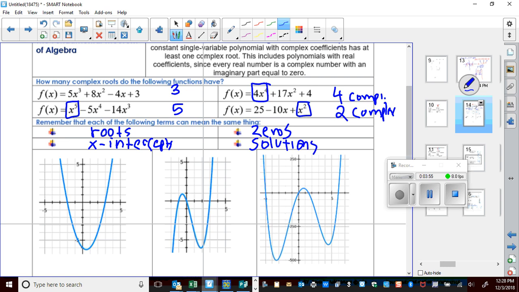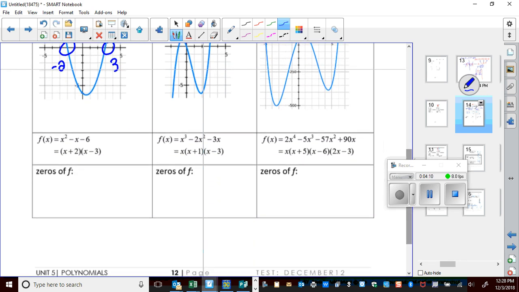So below, we're going to just circle where these objects cross the x-axis. It crosses here at -2, and it crosses right here at 3. So if we're going to write the factored form, it would look something like this: x plus 2 times the quantity of x minus 3. My zeros are x equals {-2, 3}.